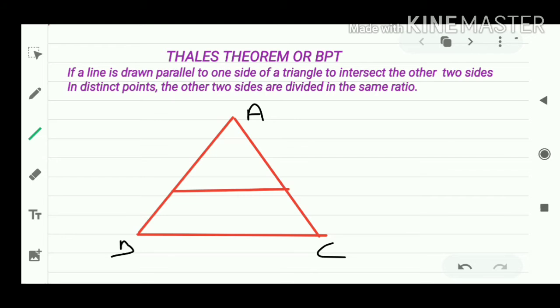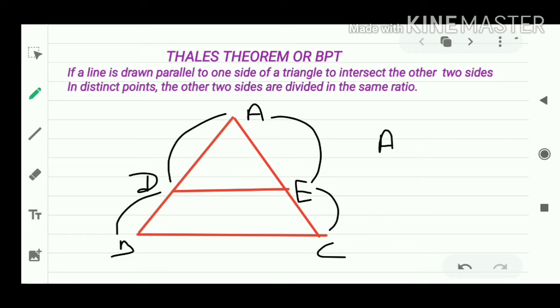Suppose that this line is DE. So, in triangle ABC, if DE is parallel to BC, then we have to prove that AD by DB equal to AE by EC.